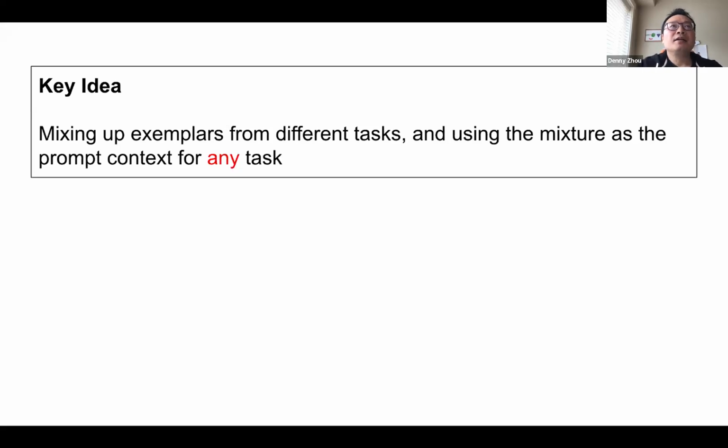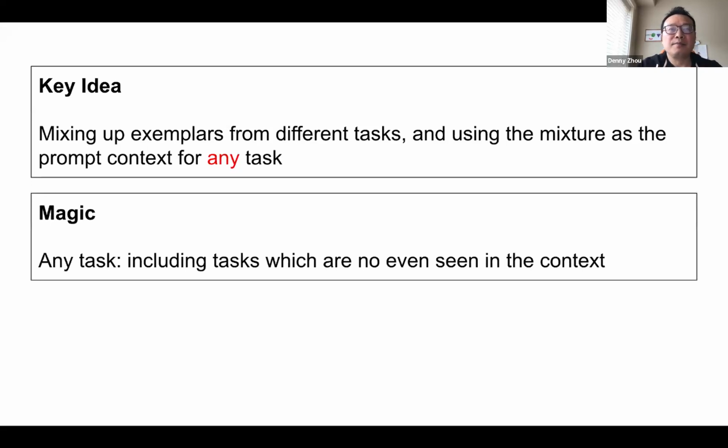The key idea of instruction tuning is straightforward. Mixing up examples from different tasks, and then using the mixture as the common prompt context for any task. Notice that, any task. This is the magic.